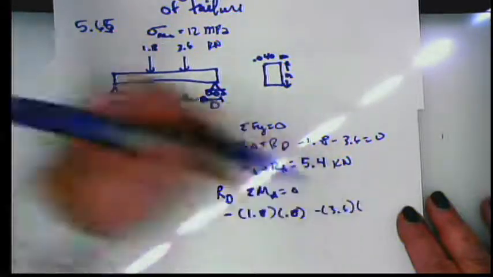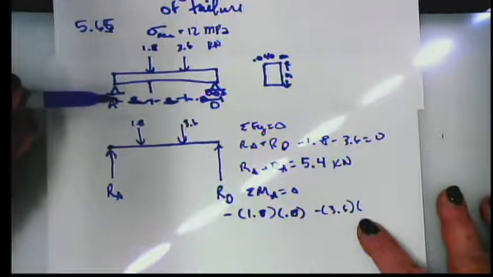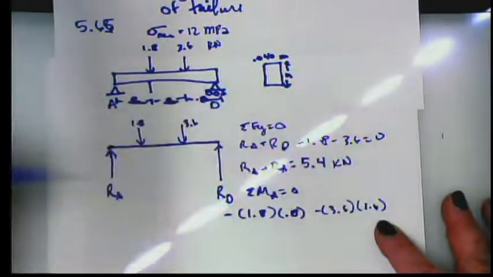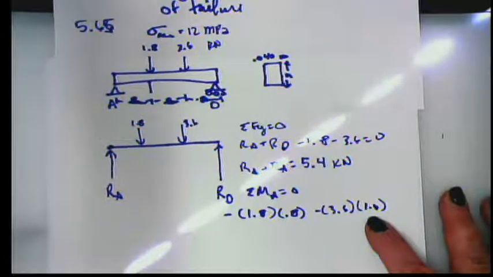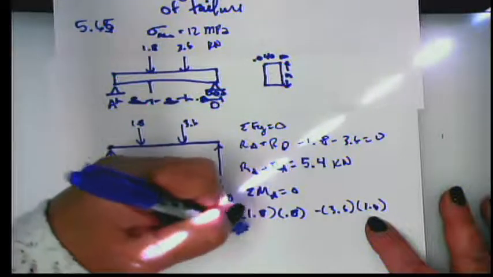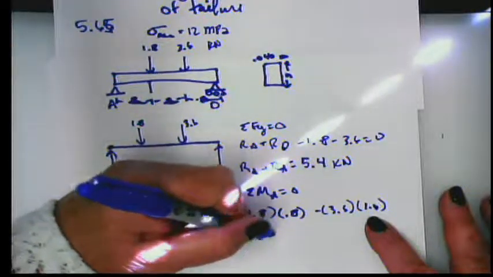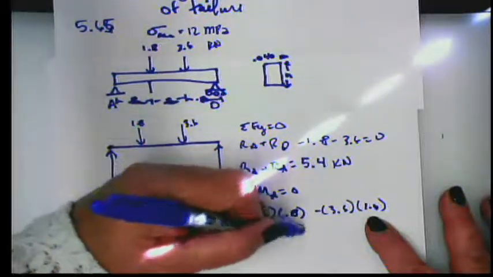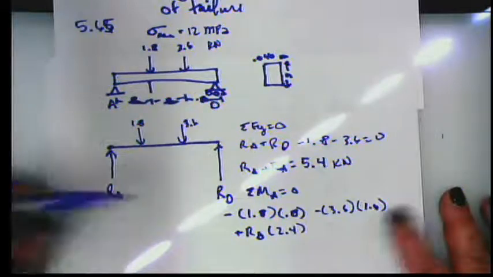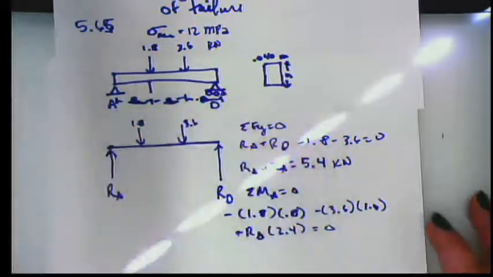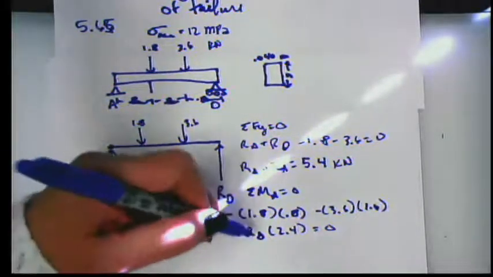The 3.6 kilonewton load, which is 1.6 meters from point A, also creates a clockwise rotation, which is negative. And my R sub D, which acts at a distance of 2.4 meters from A, creates a counterclockwise moment, which is positive, and the three of those things sum together to equal 0.